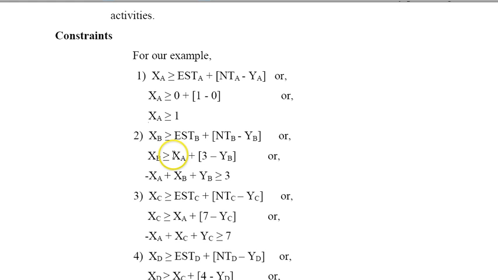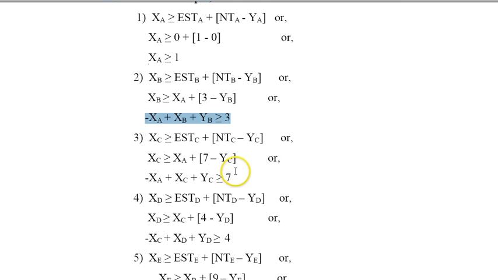That's only one, there's XA. So instead of ESTB plus, that's 3 minus YB. So we want to rearrange this to make it look like a linear inequality. So we take XA here, we take YB here, and that's going to be greater or equal to 3. So that's my second constraint.